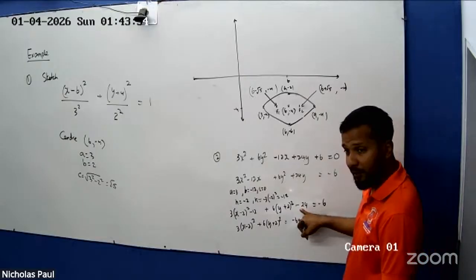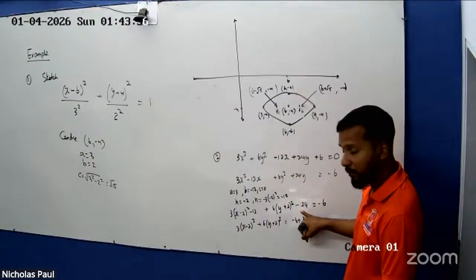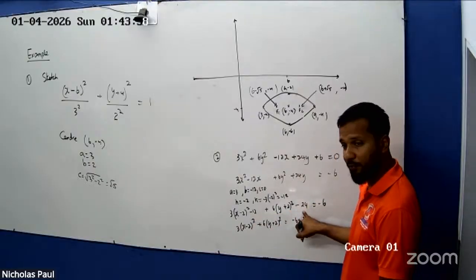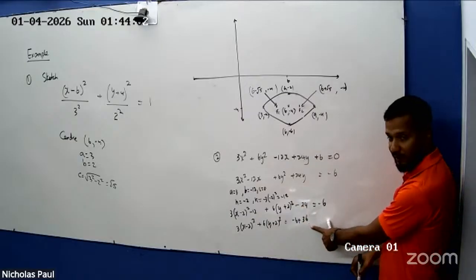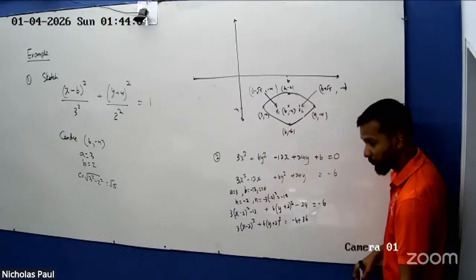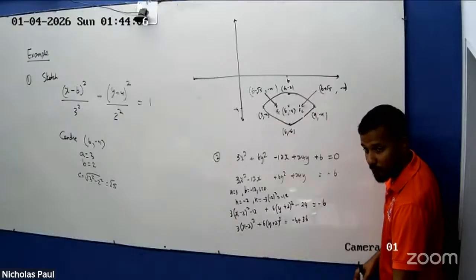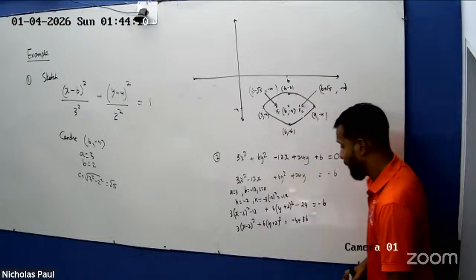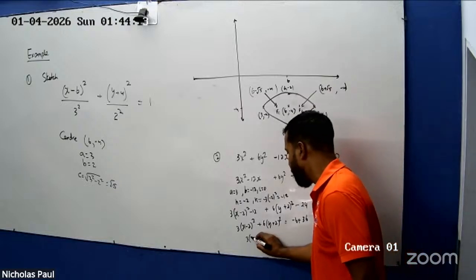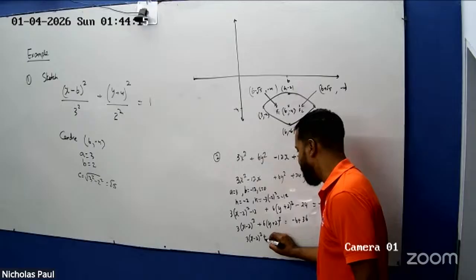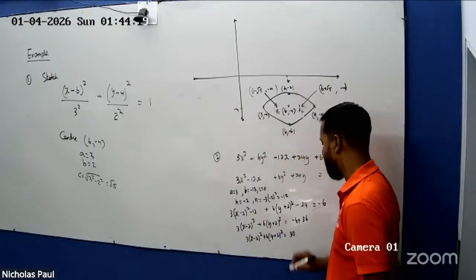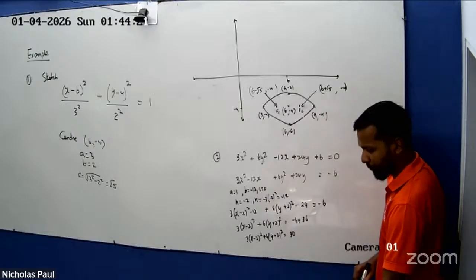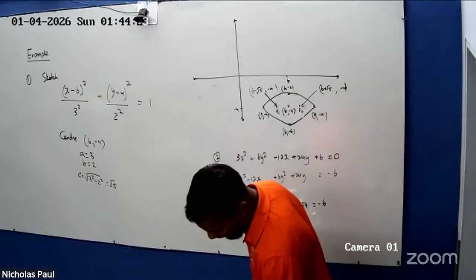What you got here? Minus 24, right? Minus 12 minus 24 is minus 36, and I move it across here and I get plus 36. And now we end up with 3 by x minus 2 squared plus 6 by y plus 2 squared is 30. I think it was a nicer number than that.